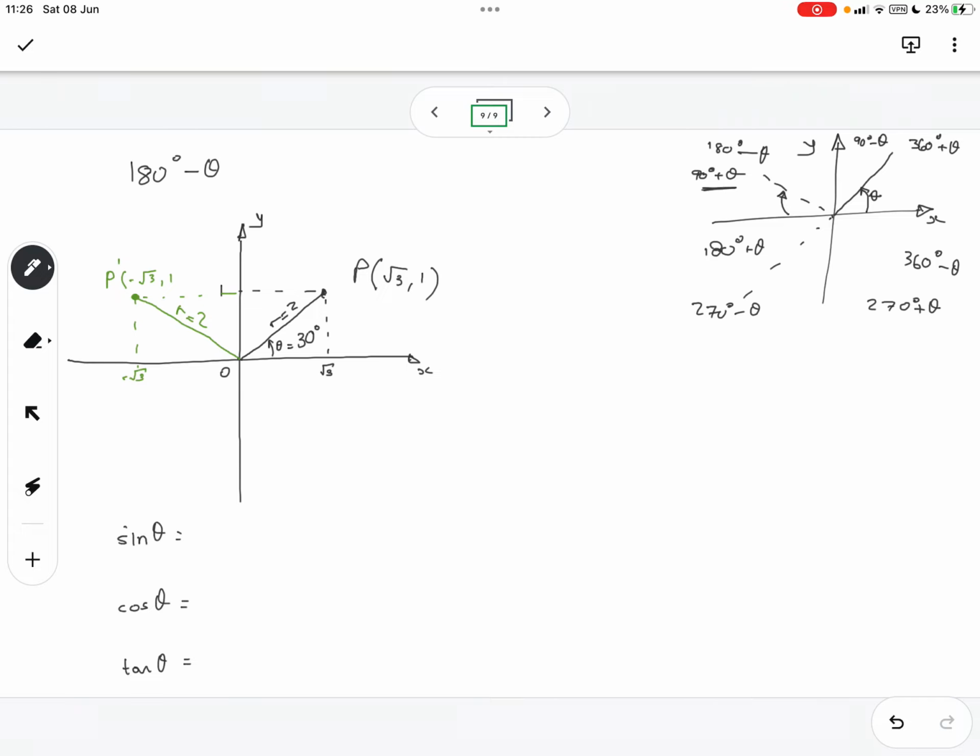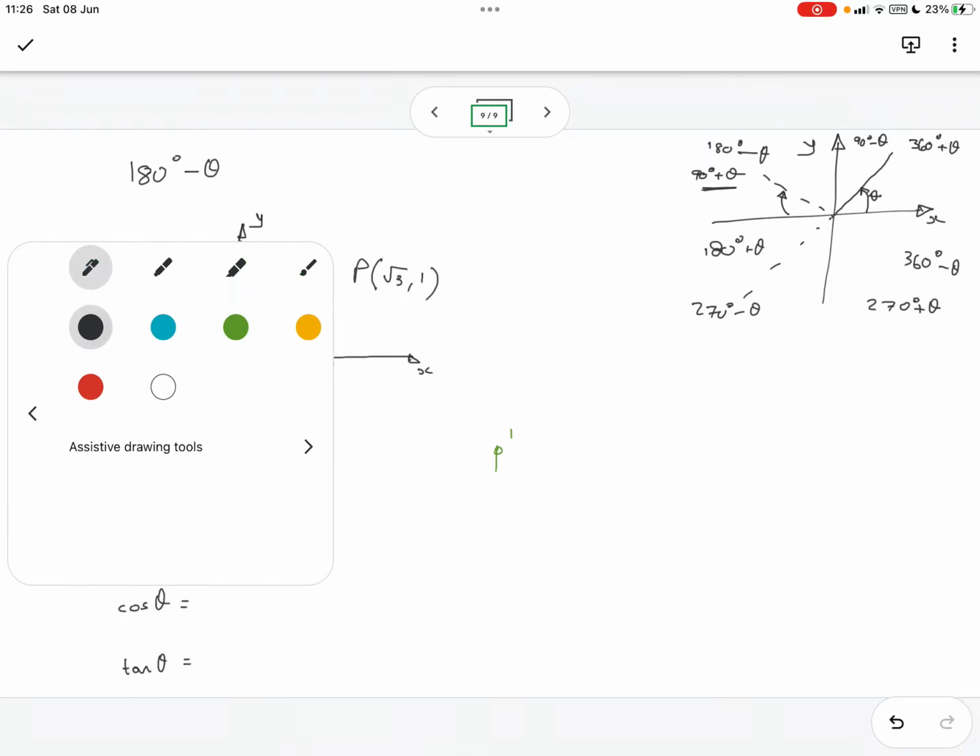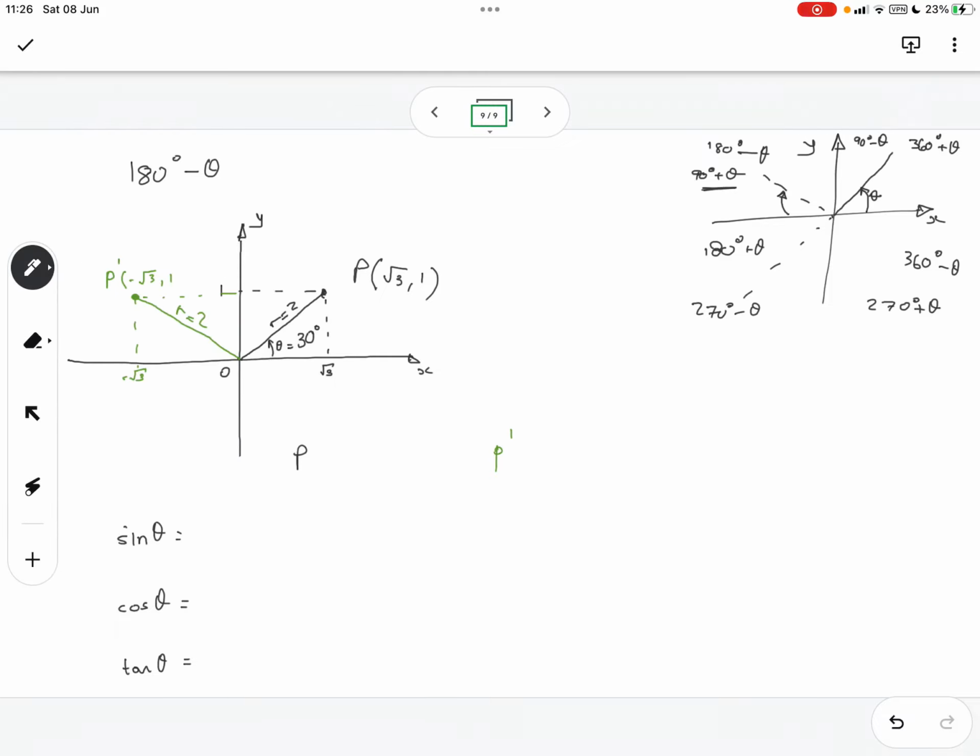And since we know that the radius is the same in either case, by the way, this is a special triangle here. So we must write down the values for sine, cos, and tan. So let's start with the point P and the point P prime.